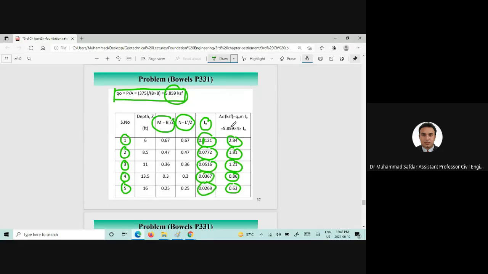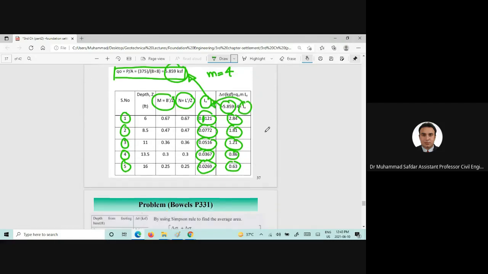We already know the delta sigma, and M is equal to 4 because we are finding out the delta sigma under the center of the footing. I sigma is given here, so we will find out those 5 values. Okay, 5 values of delta sigma here.